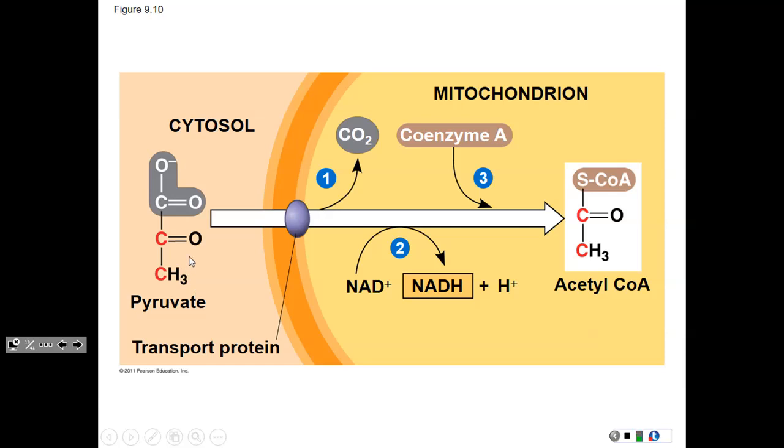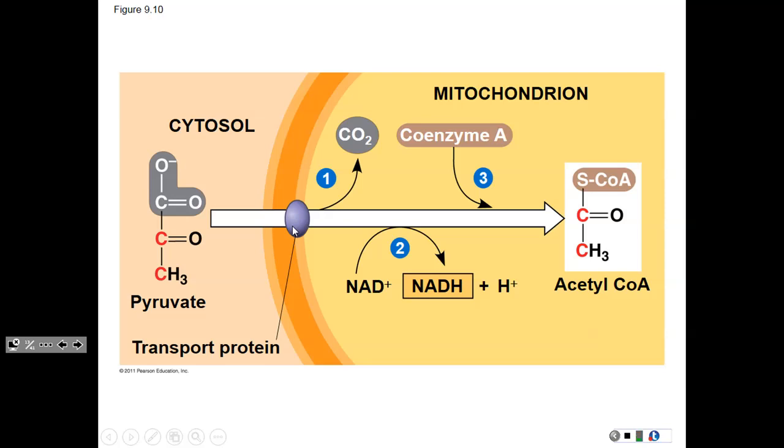We're happy to have gotten the pyruvate across the double membrane of the mitochondria and into the mitochondria. A transport protein facilitates that process. Just for the record, and just so there's no mystery about this, that's a very specific, very dedicated transport protein.